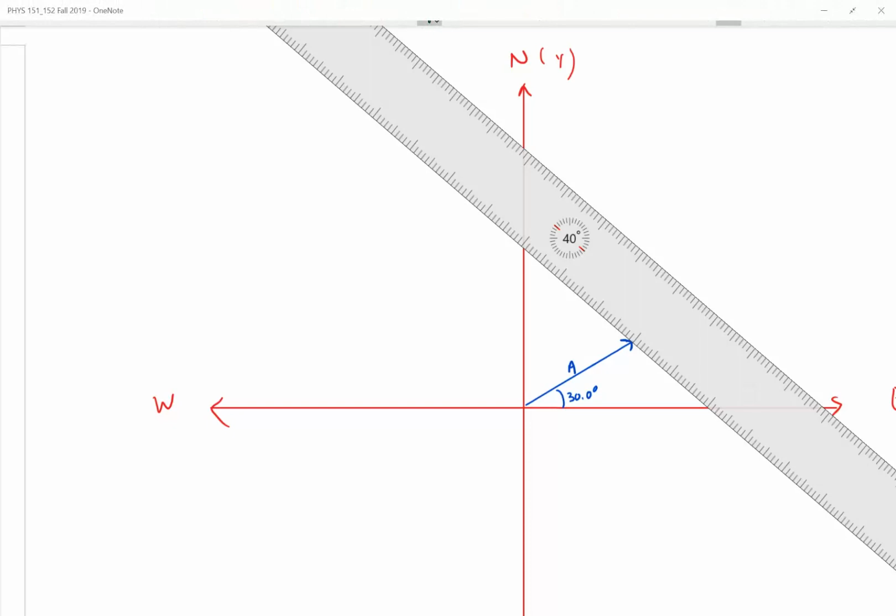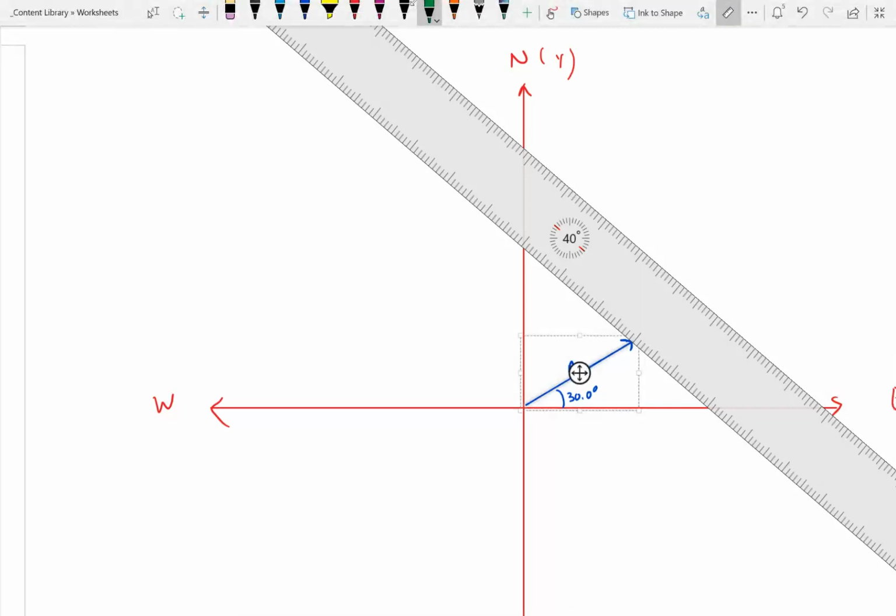Change my color. And this is 742. 750 would have been exactly 3. So it's just under 3. Okay, probably a little more than that.